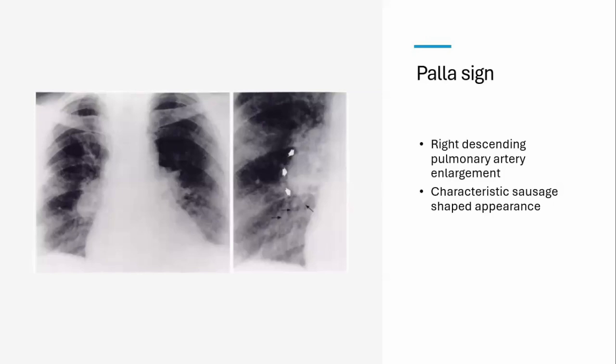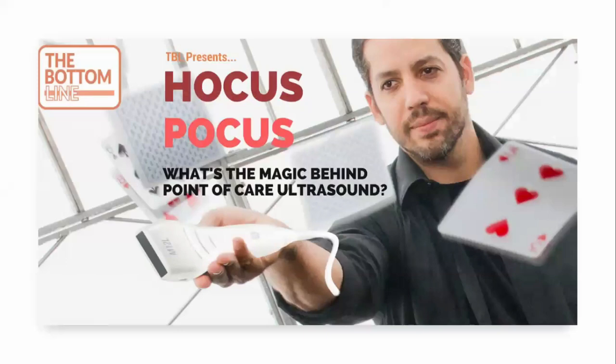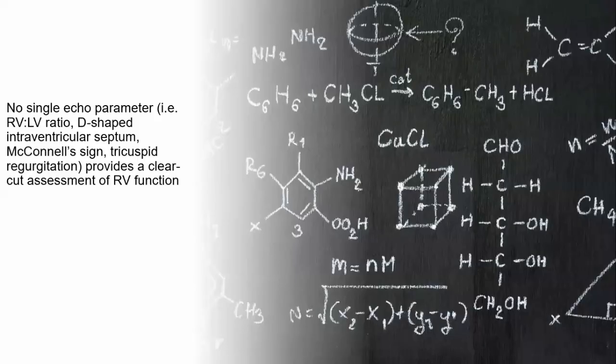For us in emergency medicine, there's something we like more than x-rays, and that is PoCUS. So, we're going to delve into the magic behind point of care ultrasound just now. Just to note, there's no single echo parameter that provides a clear cut assessment of your right ventricular function.